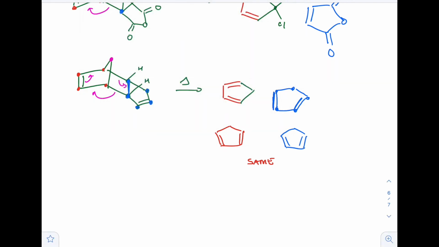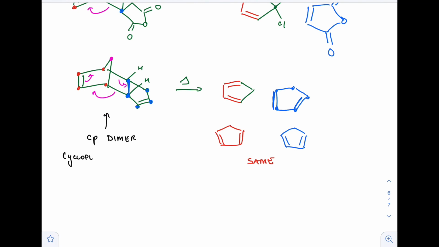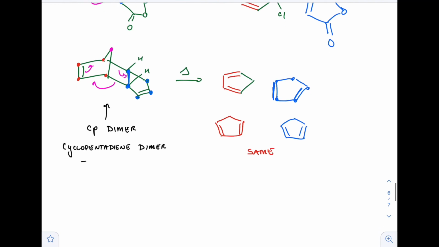They're the same thing. This compound right here is called a CP dimer, a cyclopentadiene dimer, and that's because the cyclopentadiene undergoes a Diels Alder reaction with itself. Yes, it does have a diene, but if we just focus on one of those alkenes, then that's the dienophile.